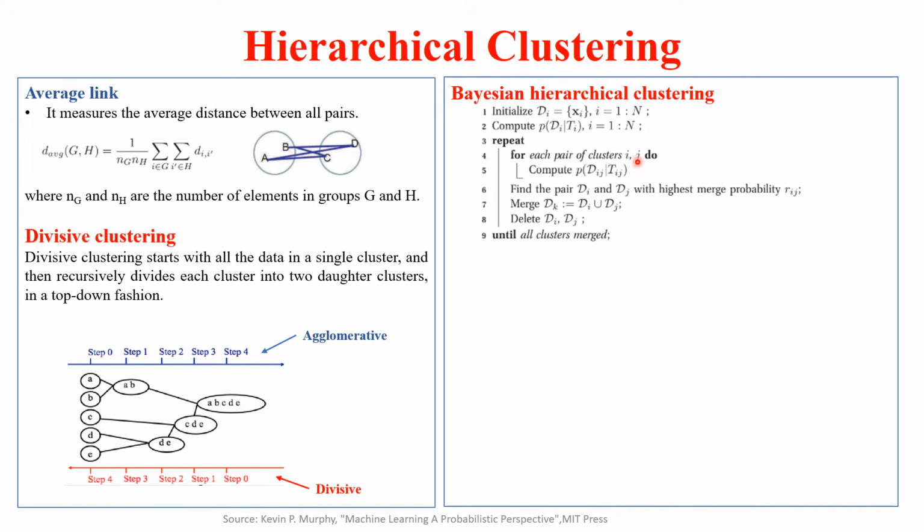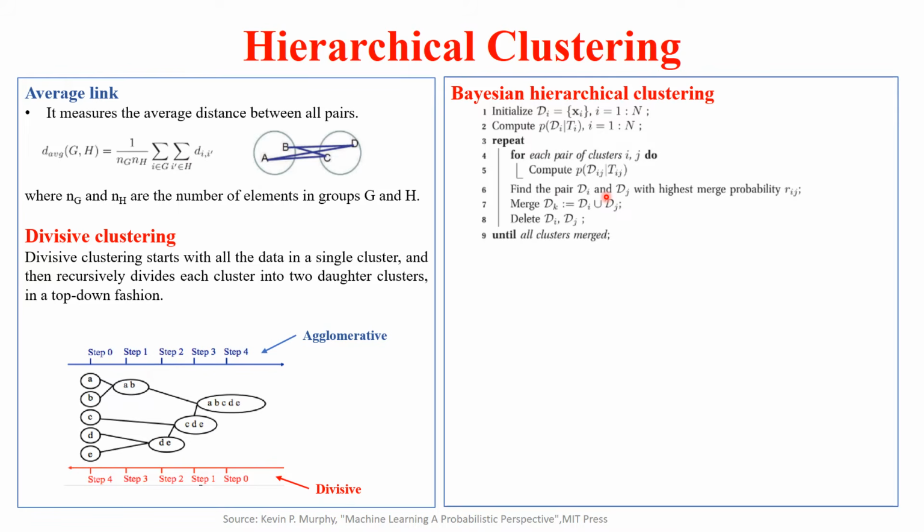For each pair i and j, we need to compute the probability of the data for the two clusters i and j given the prior information of ij. We need to find the pair of clusters with the highest merge probability, r suffix ij.